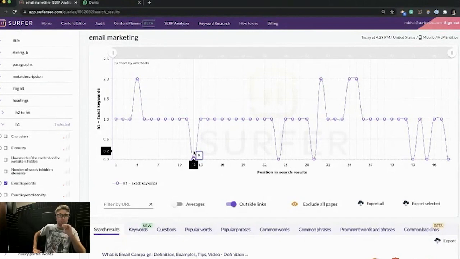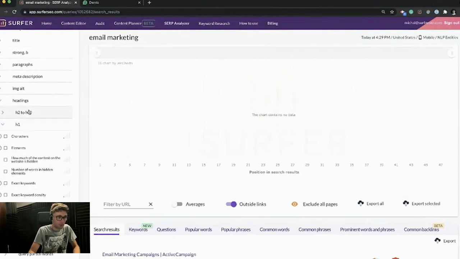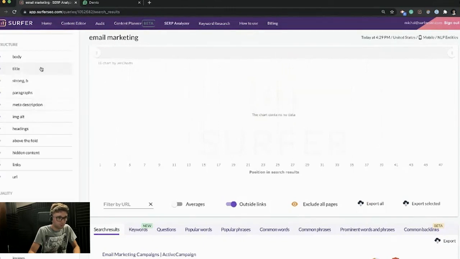And what does it mean for them? They may not be targeting this keyword, email marketing, and it can become a huge low-hanging fruit for them if they decide to tackle it, because they rank in position 12 without having email marketing in the H1. Let me check the title, maybe they are also missing it in the title.